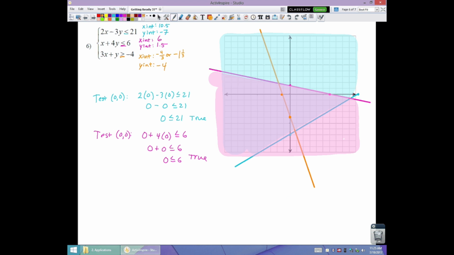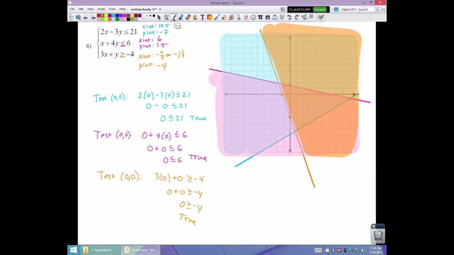And we'll try the point 0, 0 again. So that's 3 times 0 plus 0 greater than or equal to -4. 0 greater than or equal to -4 is also true. So I want 0, 0 to be shaded orange also. So that means this side of the orange line.